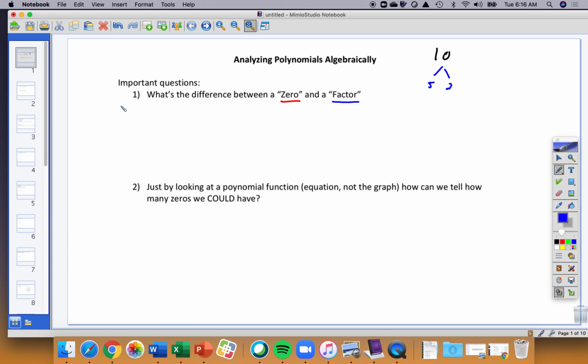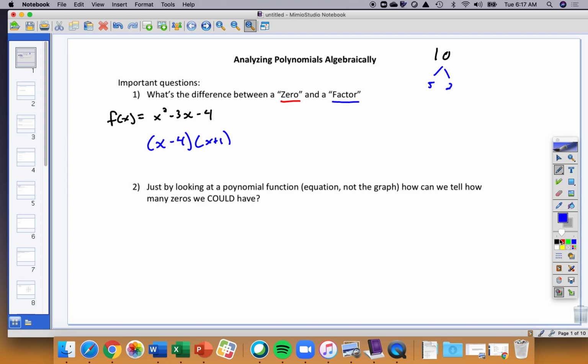When we're talking about a polynomial, if I had f of x equals x squared minus 3x minus 4, the factors of this would be x minus 4 times x plus 1. That's two expressions that, when multiplied together, give you the product. So these are the factors.